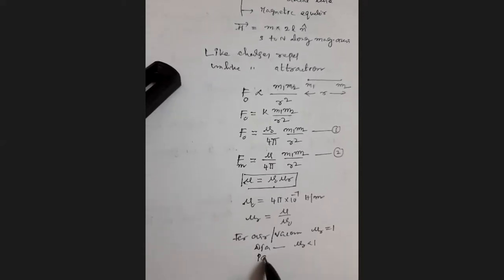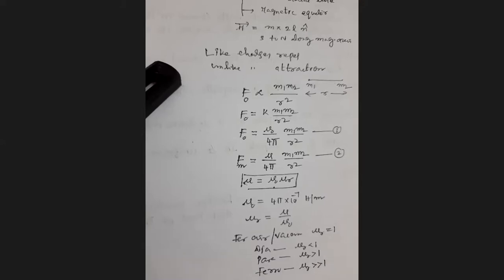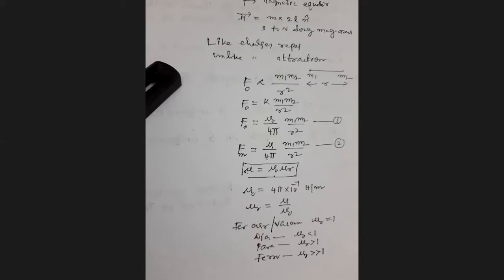For paramagnetic substances, mu r is greater than 1 but a small value. Whereas for ferromagnetic substances, the relative permeability is very much greater than 1, about hundreds.